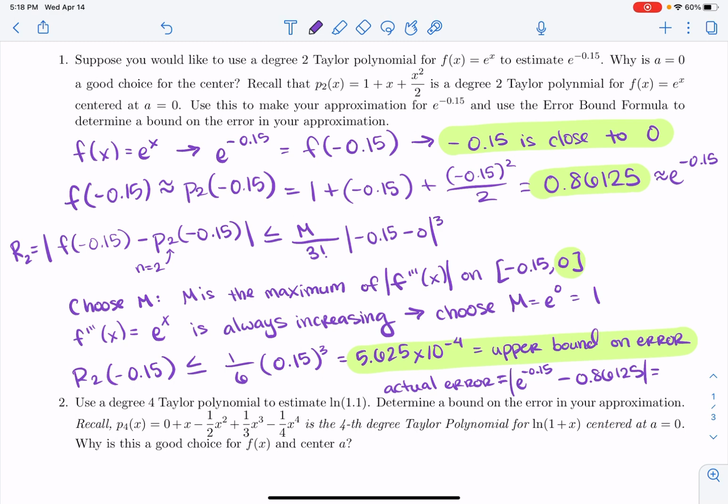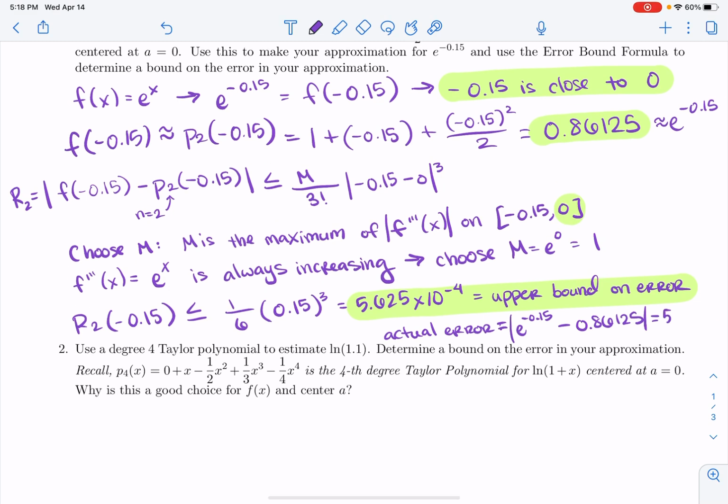E to the minus 0.15 minus 0.86125, and that's negative, but I'm getting, let's see, 5.42 times 10 to the minus 4. So, in fact, the actual error is less than the error bound, which is guaranteed by the theorem.